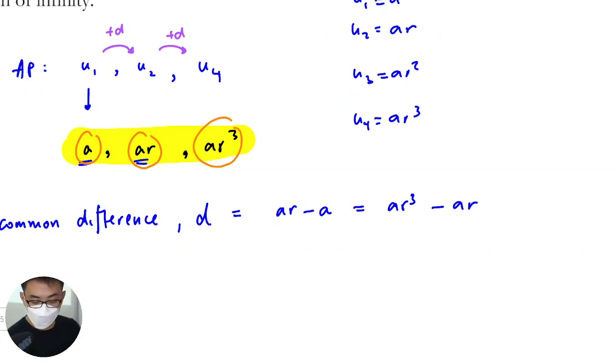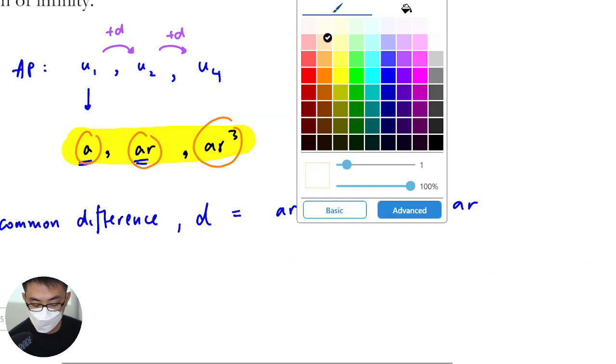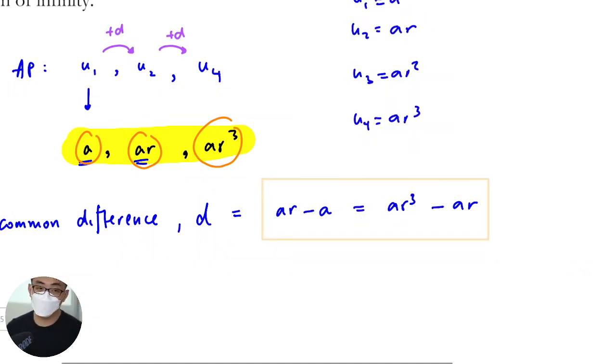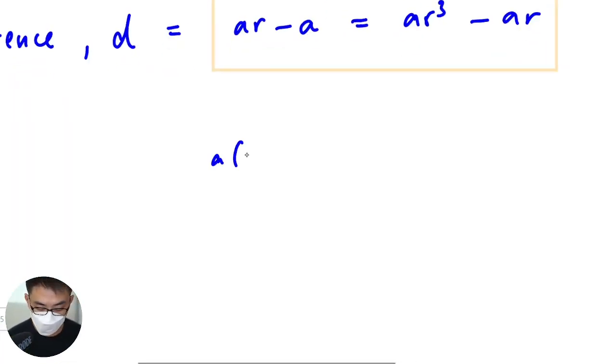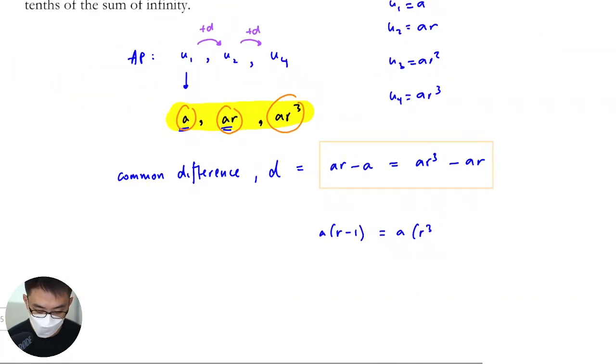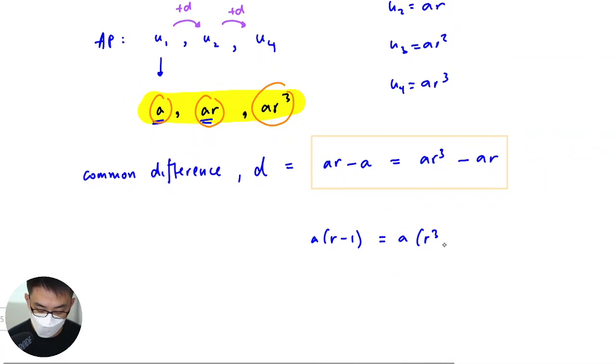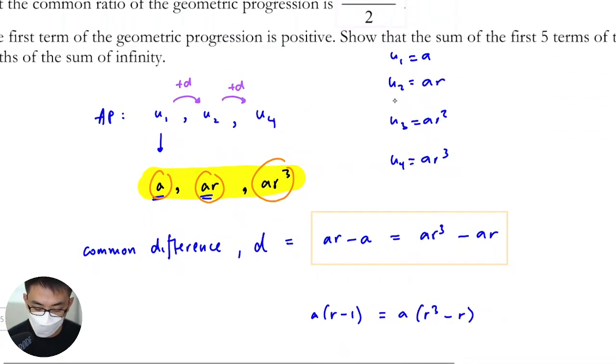With this equation I can get rid of the A and express everything in terms of R. U2 is AR, A times R, and U4 is AR cubed.